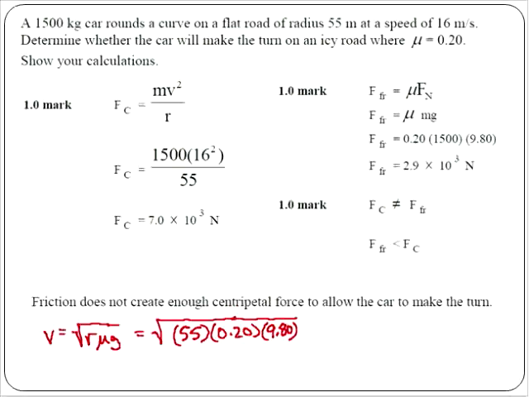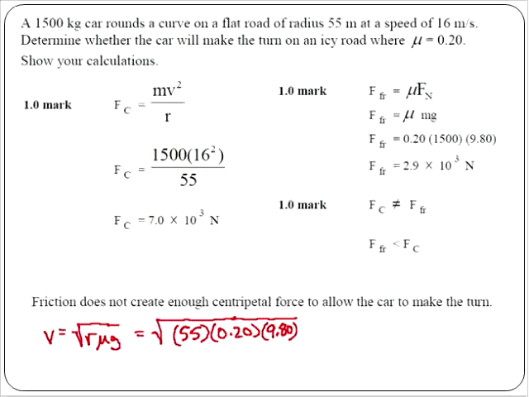So let's just take a minute to figure out exactly what that would have to be. I'm just going to key those numbers in here. So I got 55 multiplied by 0.20 multiplied by 9.80, and that gives me 107.8.